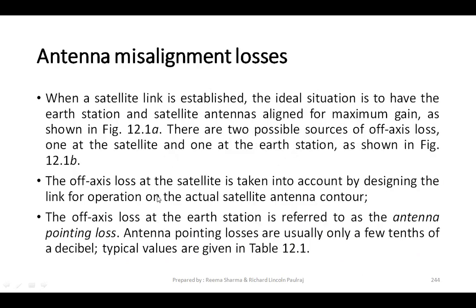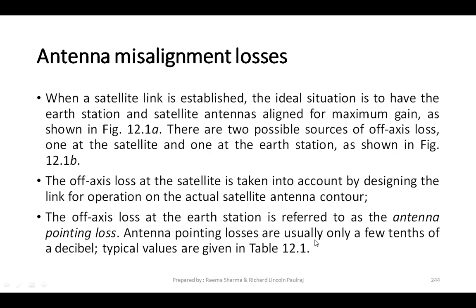The off-axis loss of the satellite is taken into account by designing the link for operation on the actual satellite antenna contour. We have to make sure that these antennas are facing each other and have a straight line of sight. The off-axis loss at the earth station is referred to as antenna pointing loss. If they are not in the same line of sight, it becomes a loss.